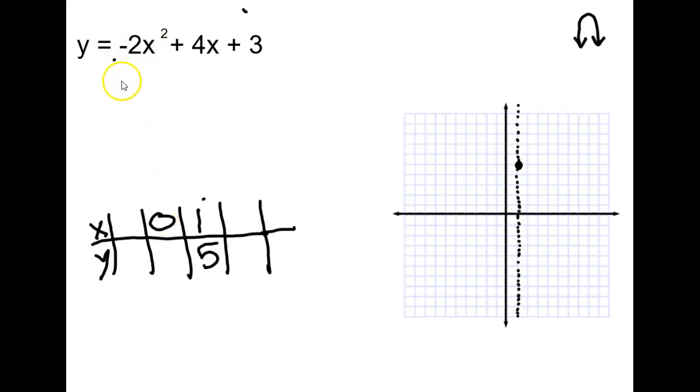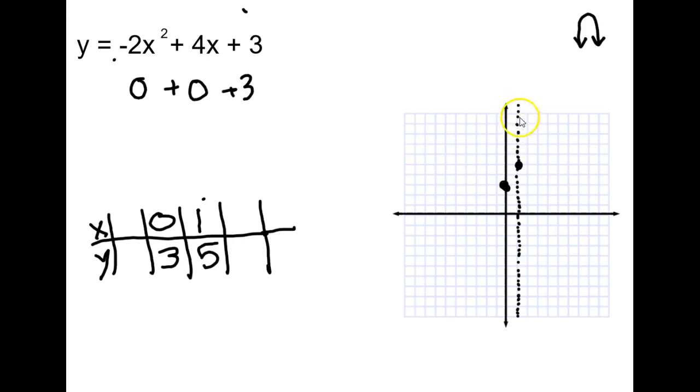So negative 2 times 0 squared. 0 squared is 0, times negative 2 is still 0. 4 times 0 is still 0. So we got 0 plus 0 and then plus 3. So 0 plus 0 plus 3 is just 3. Boom. So then we get a point 0, 3 right there.